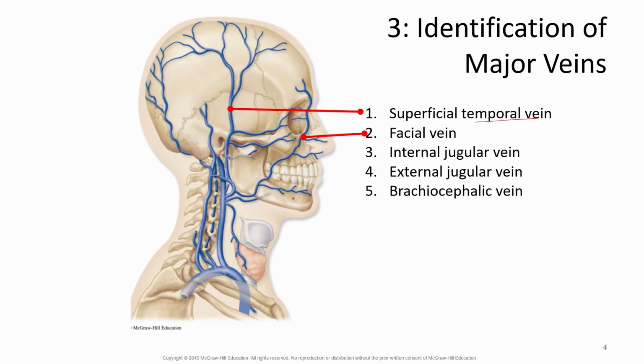All of those vessels then dump into the internal jugular vein. So it's not surprising that the internal jugular vein is larger than the external, which also drains blood, but from a smaller area. Both jugular veins now dump into the brachiocephalic vein.